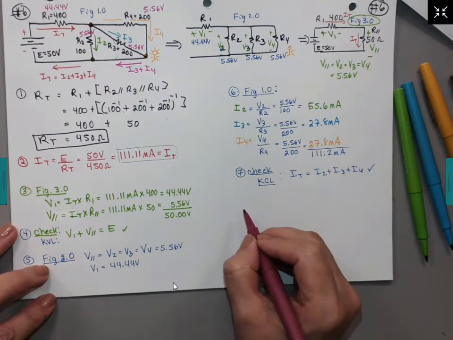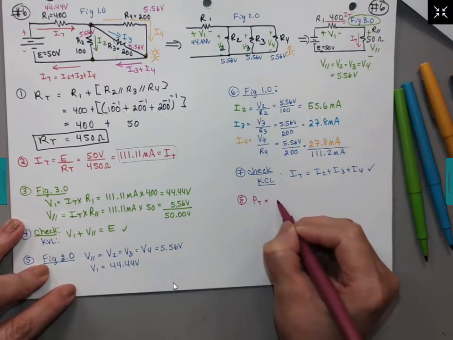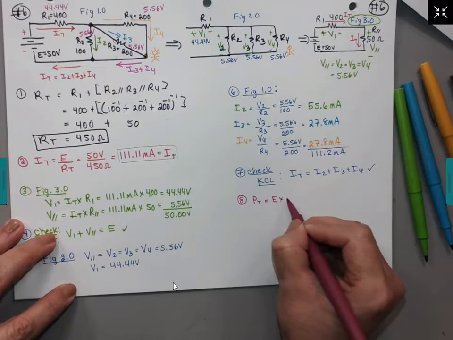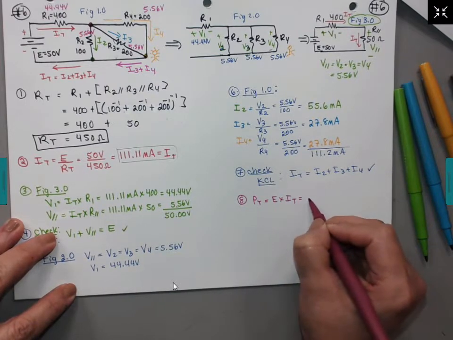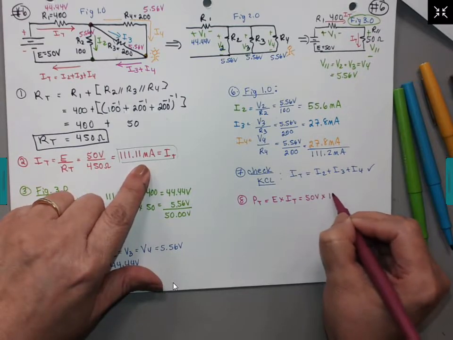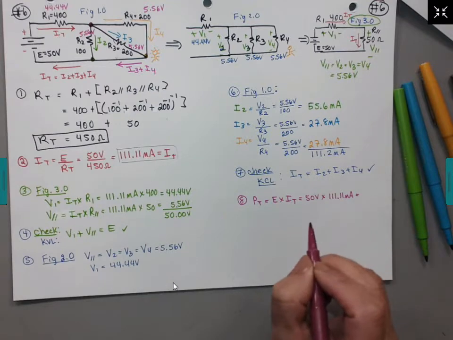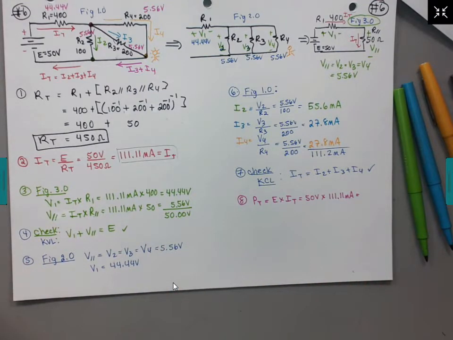So number 8. We're going to find PT. PT is E times IT. E is 50 volts times IT is 111.11 milliamps. So if I do that, 50 times 111.11 milli, what do you guys get?